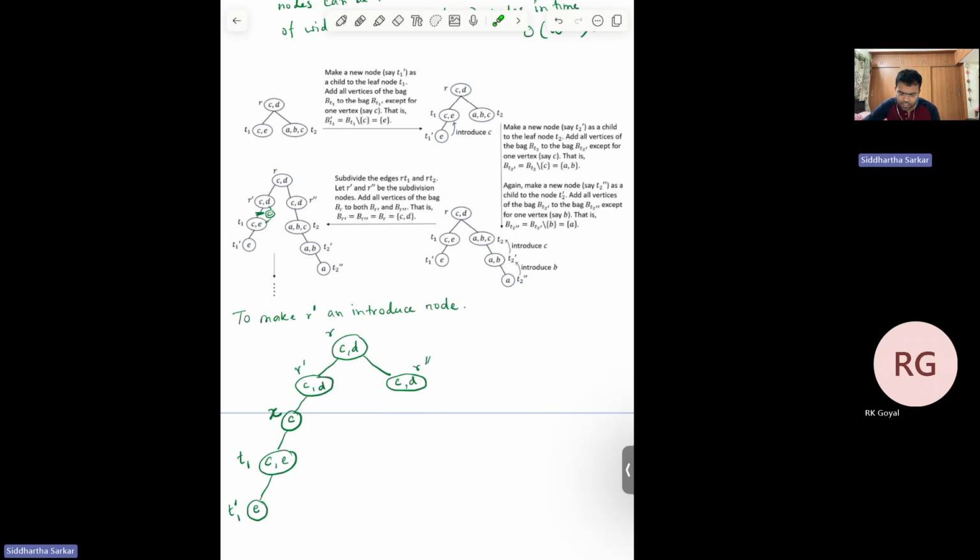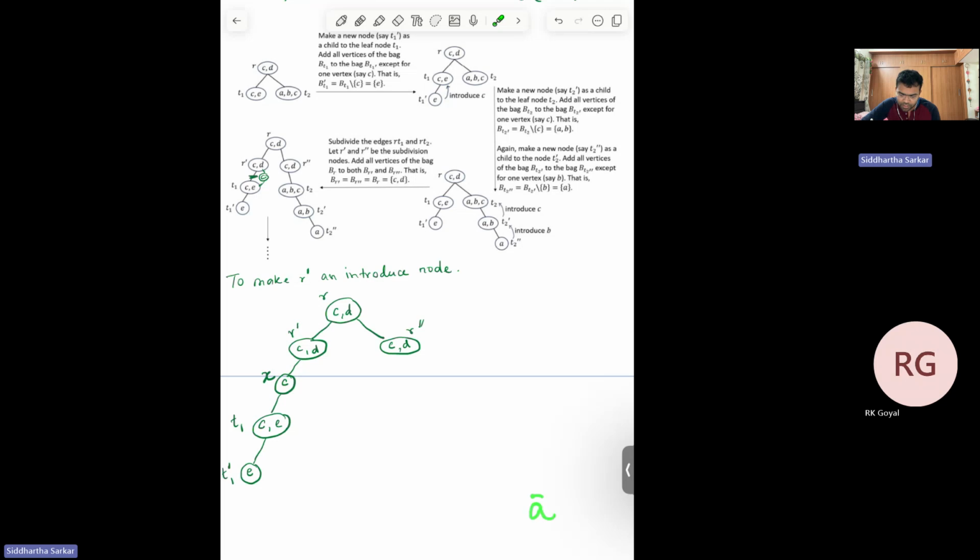So there should be some introductions, some forgets. So we have to finally get down to A, which is the leaf node. So A should introduce something. So in multiple layers, introduction has to take place, and then in multiple layers, forgetting has to take place.